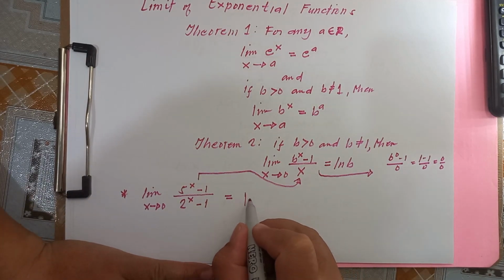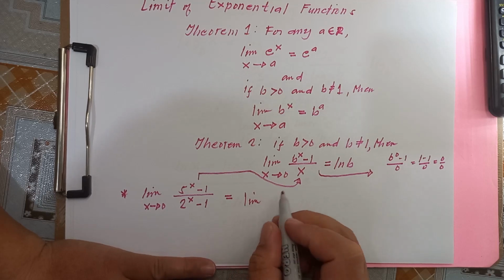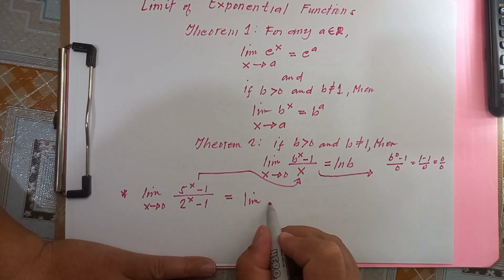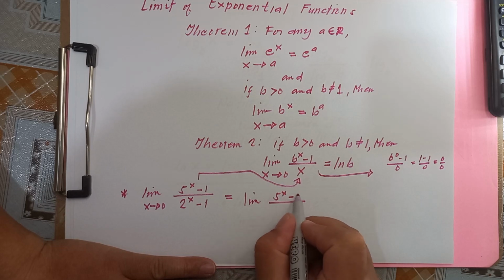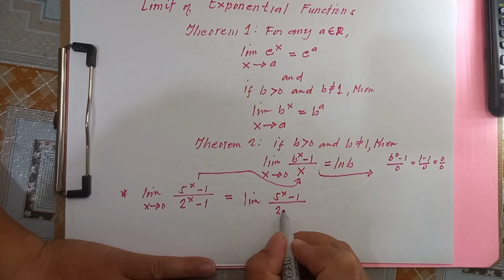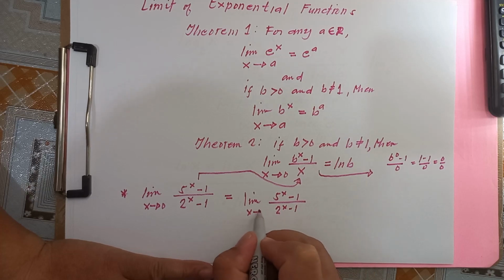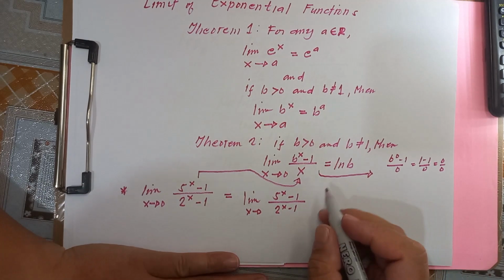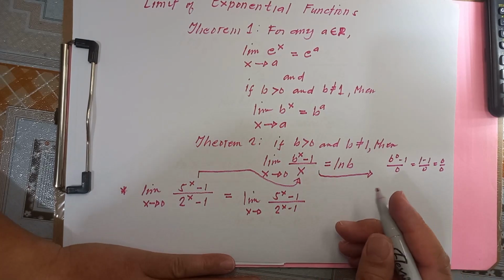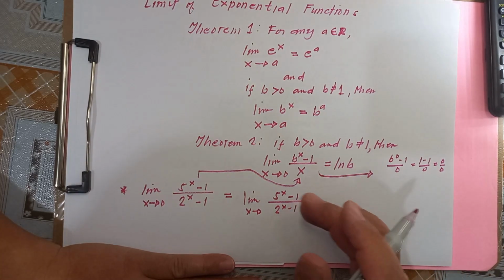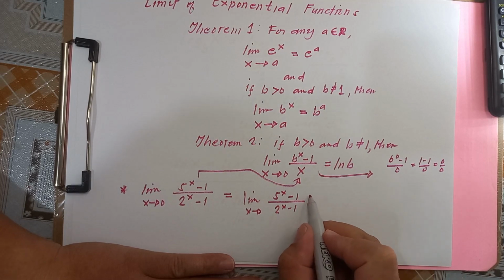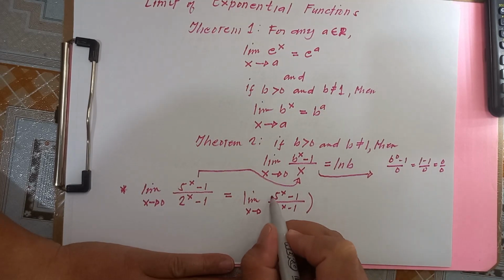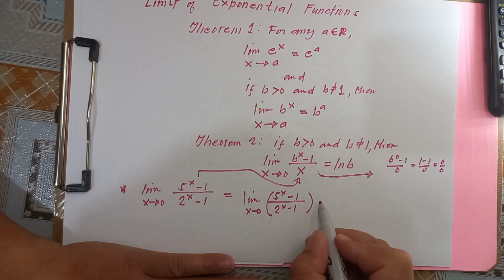So the limit of the quotient 5 raised to x minus 1 over 2 raised to x minus 1 as x approaches 0. Now we have to think of a multiplier that will not change the problem. Our multiplier in here will always be the magic one, or 1.